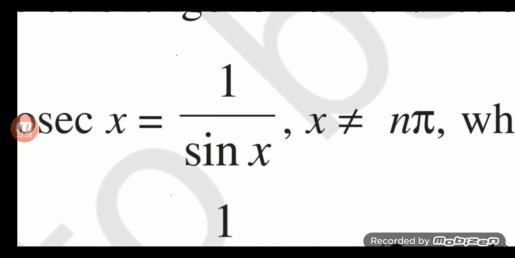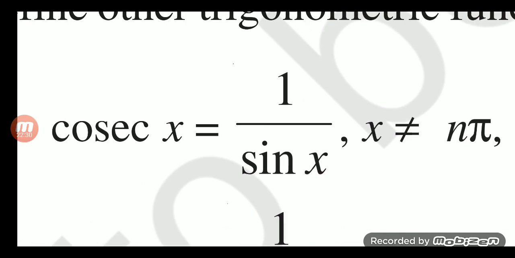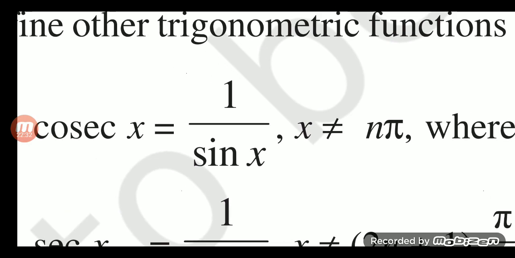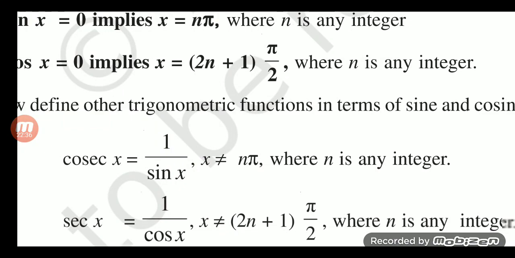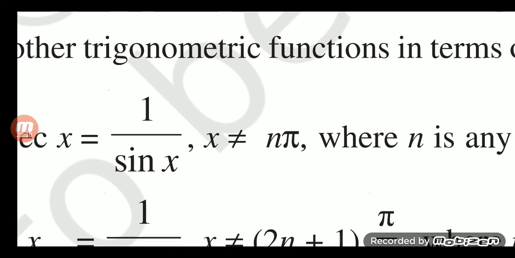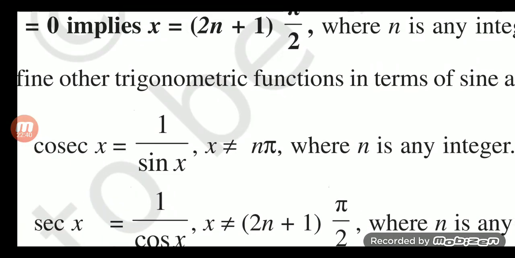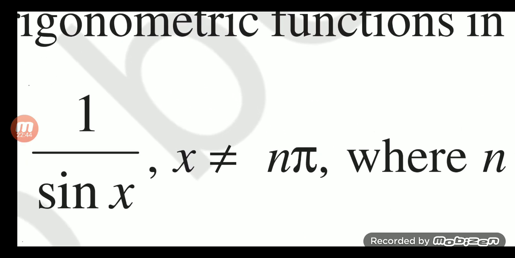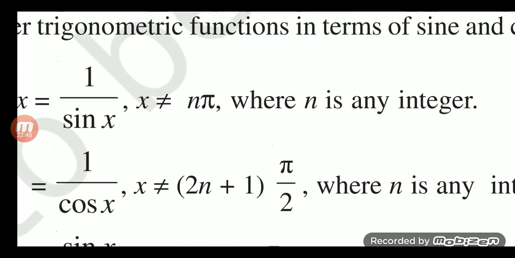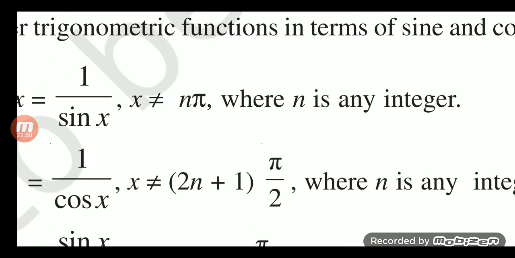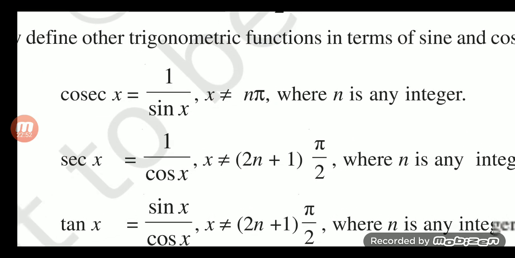So if sine x is 0, then cosec x will be 1 by 0, and that will be infinity, right? But we don't do that here. So we define x as not equal to n pi, not an integral multiple of pi.